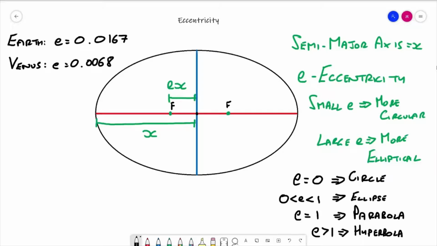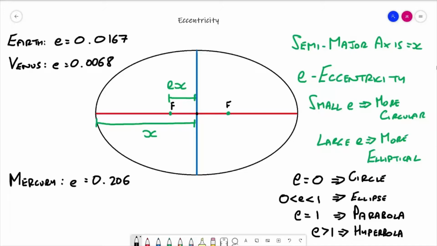In fact, when we look at the 8 planets, all of them, apart from one, have an eccentricity less than 0.1. The largest eccentricity of the planets is Mercury, which has an eccentricity of 0.206. So Mercury has got quite an elliptical orbit, but the rest of the planets have really quite circular orbits.